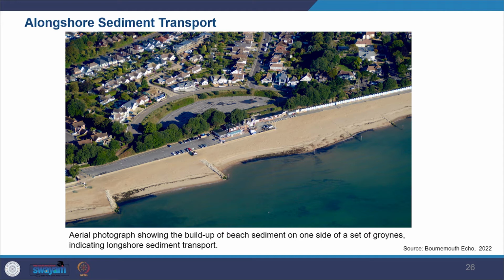We're going to see what spits mean. By observing the shoreline, you can also understand in which direction the transportation is happening. That allows you to understand the real characteristics of this place. Further, you can also undertake numerical modeling to understand how the sediment transportation is happening, and you have a wide range of models available for the purpose.